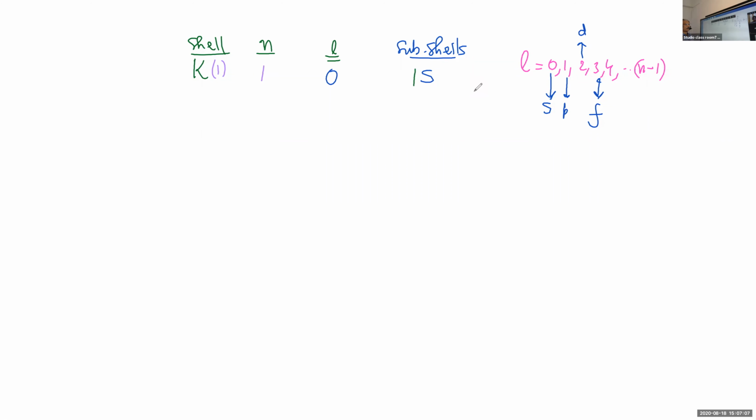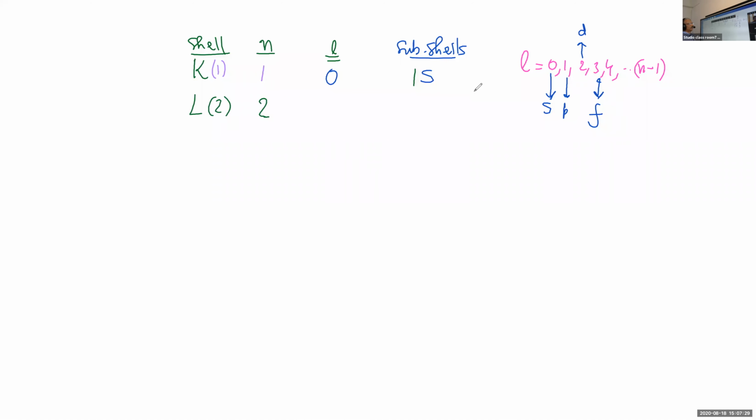Okay. Now you go to the next one, the second one, that is the L shell. The number of the shell is equal to 2, and therefore the principal quantum number is equal to 2. If the principal quantum number is equal to 2, what are the possible values for L?